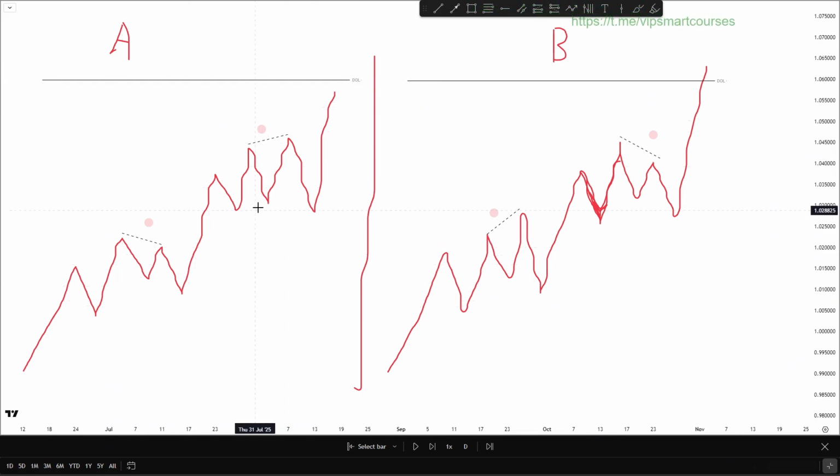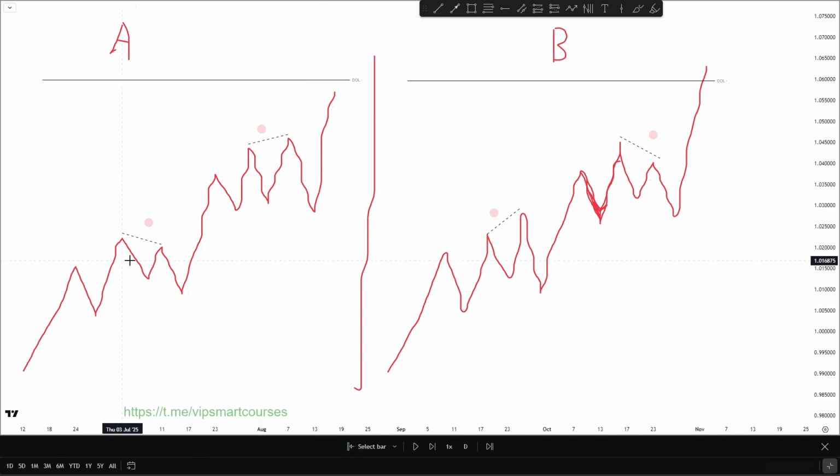Now right here you can see that we have these two SMT divergences between these two correlating assets. Even though asset A failed to take out this high, whereas asset B took out the high, leading to the SMT divergence, this wouldn't have been a high probability or correct SMT divergence because it's not aligned with the higher time frame directional bias.